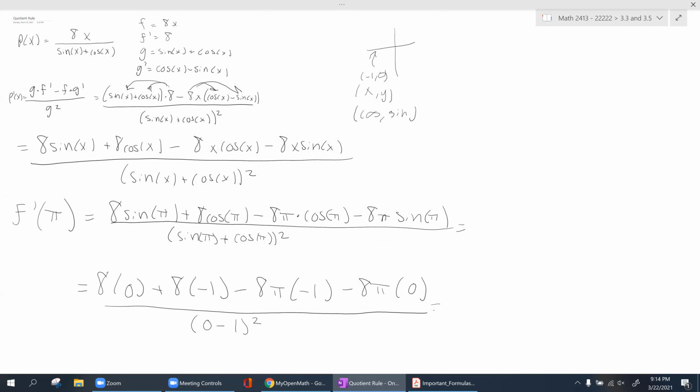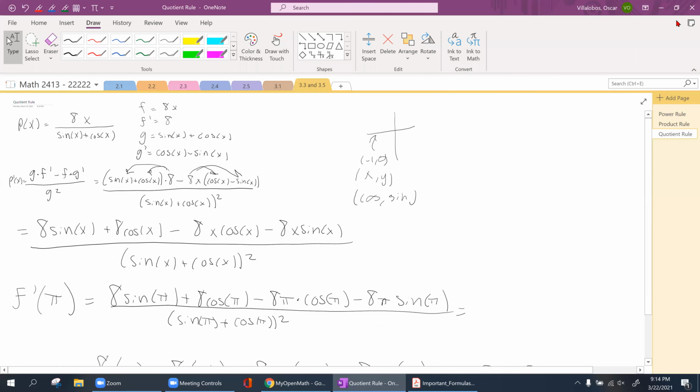Meaning the top, I get 0 minus 8 plus 8 pi minus 0, all over 1, meaning my answer would just be negative 8 plus 8 pi, or 8 pi minus 8. The order of those wouldn't matter. But that'll be something I would expect us to know.